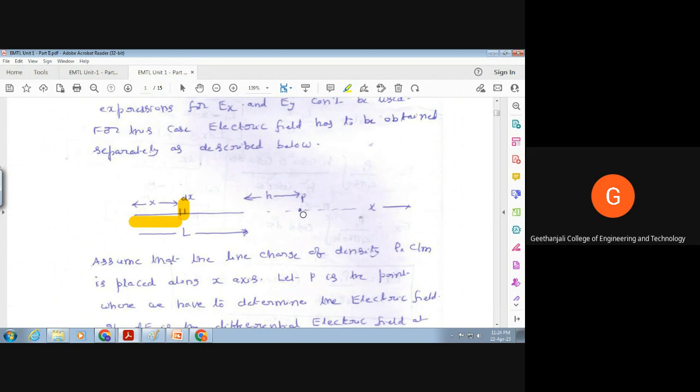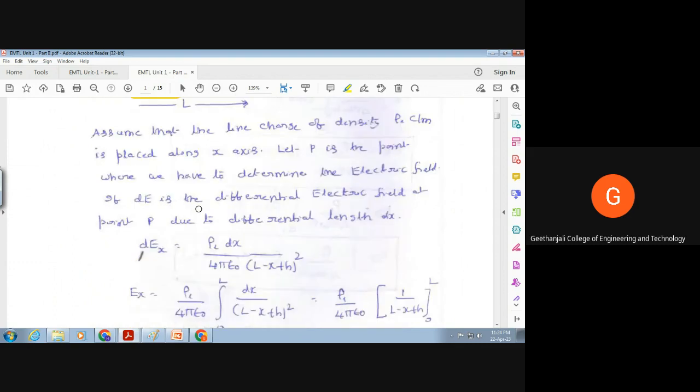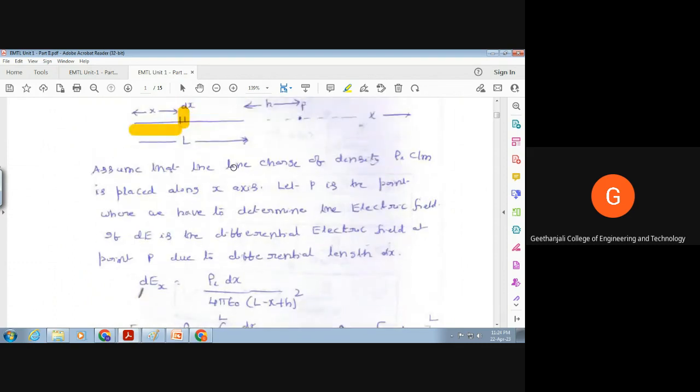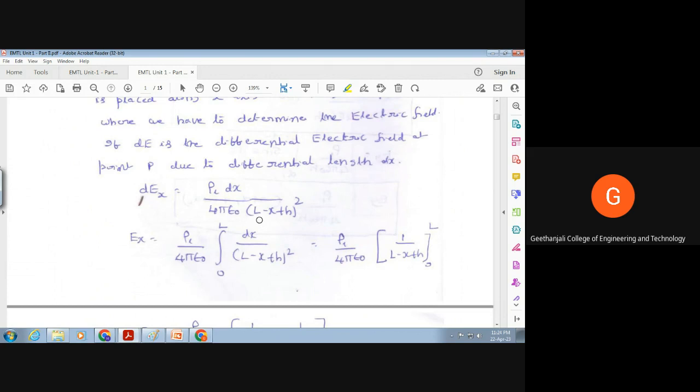If dE is the electric field intensity at point P because of this dx, what is the expression? dE is equal to rho L into dx. From here to here, what is the distance? L minus x plus h, whole square. So dE is rho L into dx by 4 pi epsilon naught times (L minus x plus h) whole square.